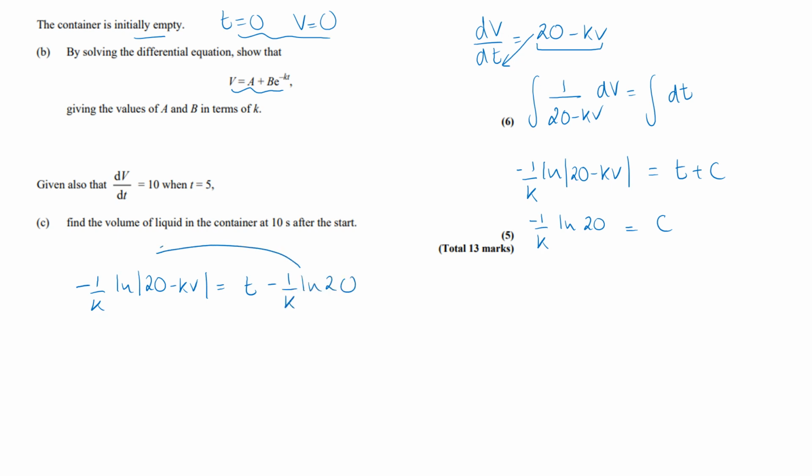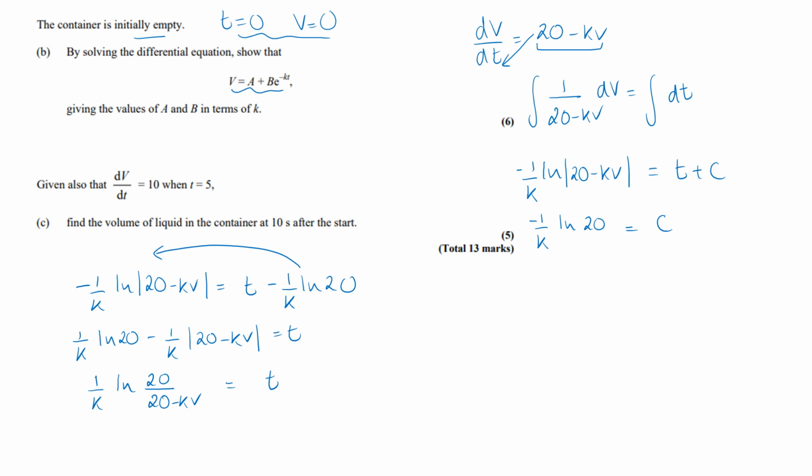Now, taking all the ln's to one side, we'll have 1 over k, the ln of 20 minus 1 over k, ln of 20 minus kV. Take the 1 over k out, and then using our log laws, we'll have the ln of 20 over 20 minus kV, and that's equal to t. Still got our t on the other side.